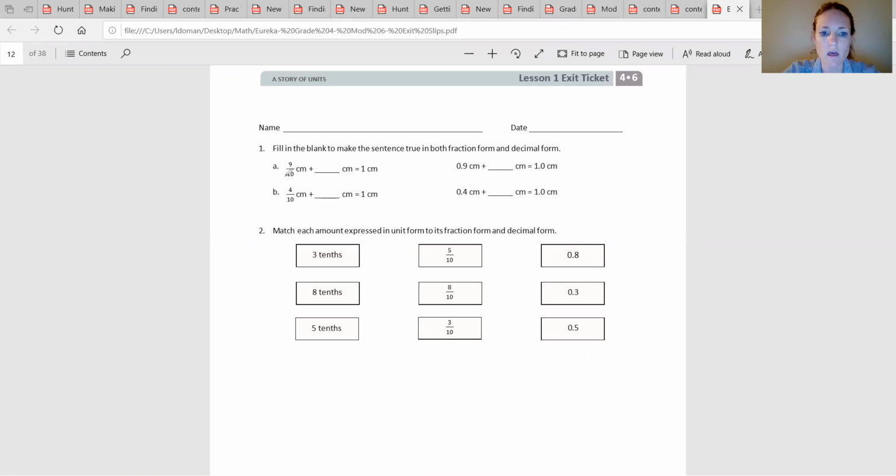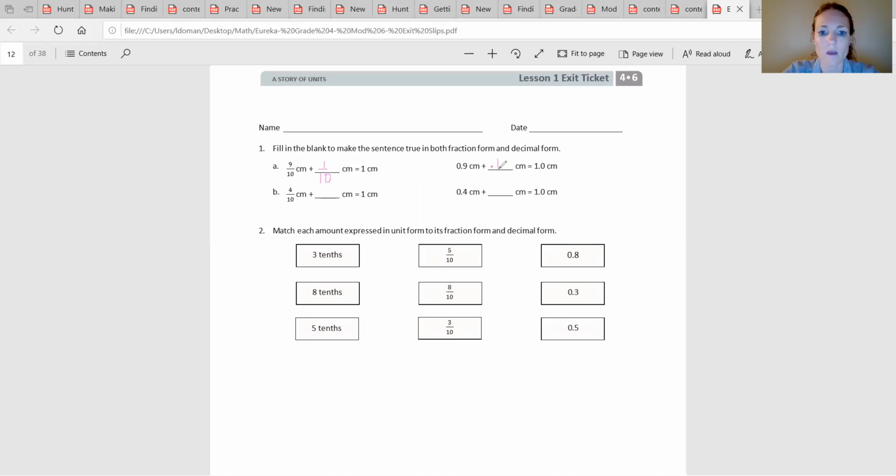Well, if I have 9/10 and I need to make a whole, then I would need to add 1 more, so it would be 1/10. Now, as a decimal, I know that it's 0.9 because I had 9/10 here.